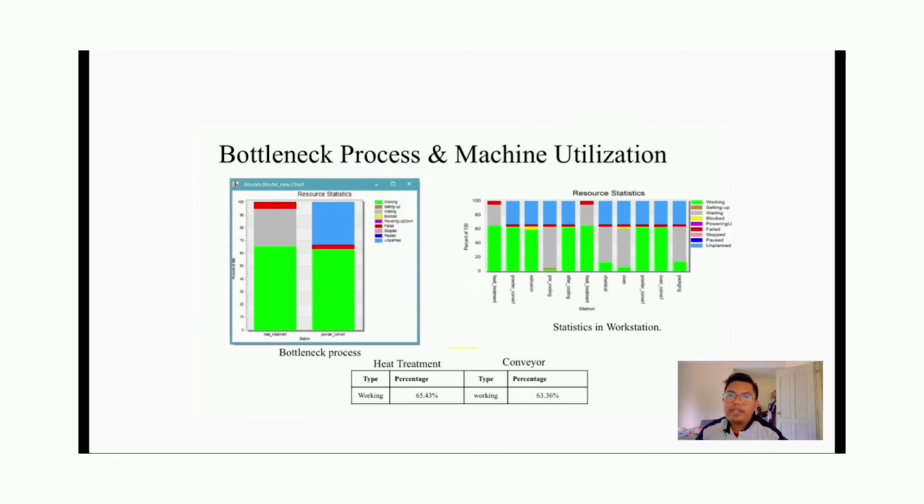The workstation of heat treatment has the greatest proportion of machine usage, at 65.43%, while workstation pre-cooling has the lowest number at 2.15%.